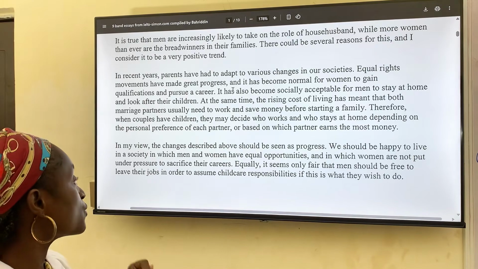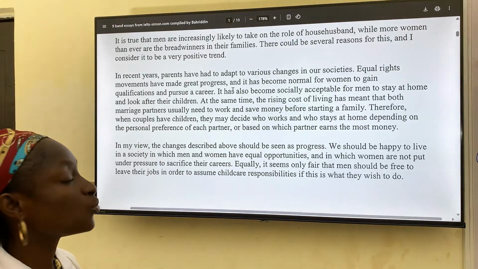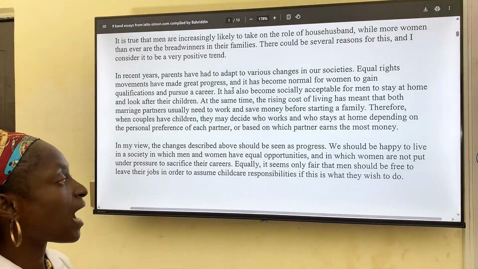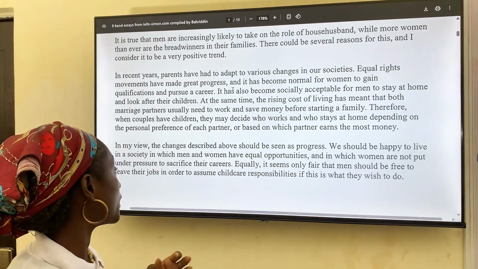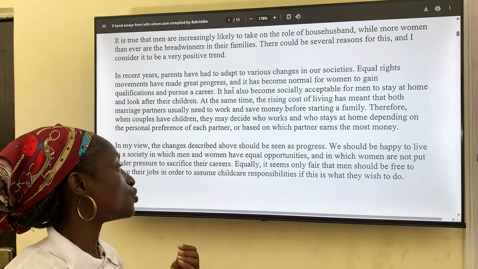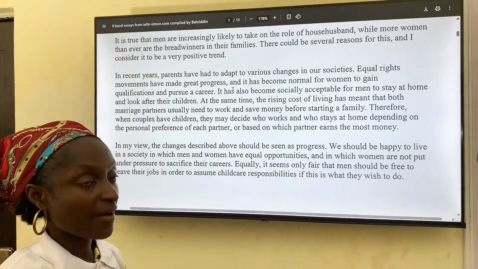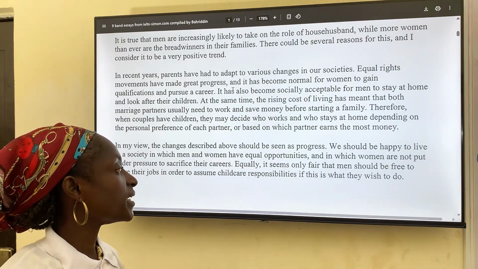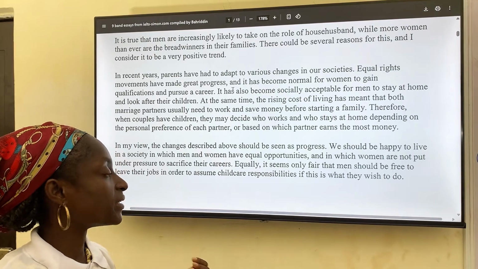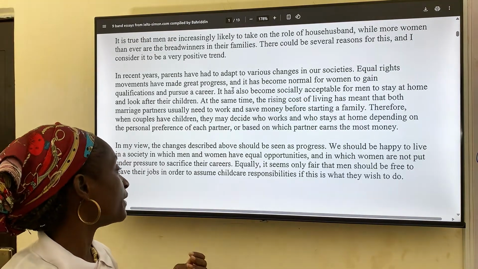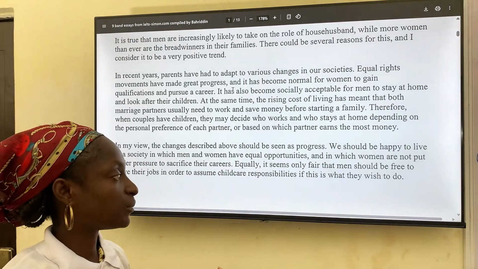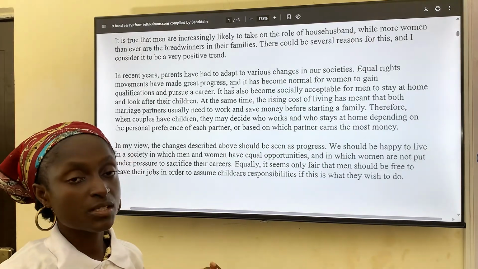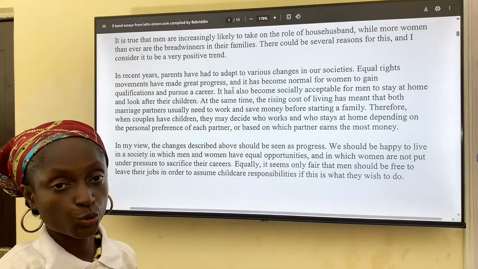We should be happy to live in a society in which men and women have equal opportunities, and in which women are not put under pressure to sacrifice their careers. Equally, it seems only fair that men should be free to leave their jobs in order to assume childcare responsibilities if this is what they wish to do.